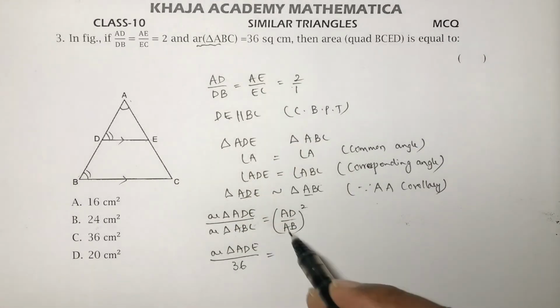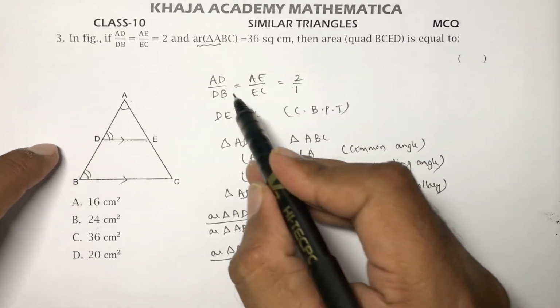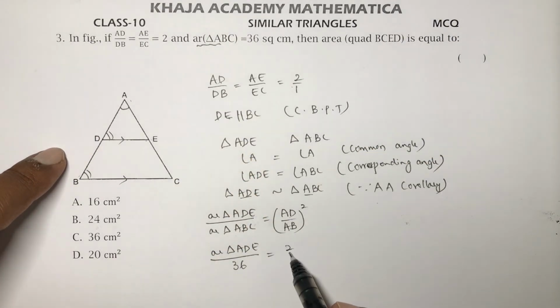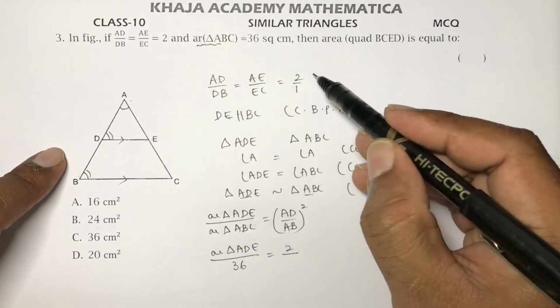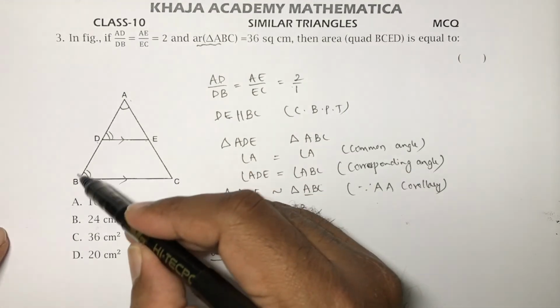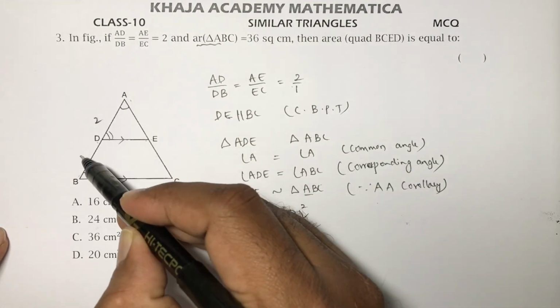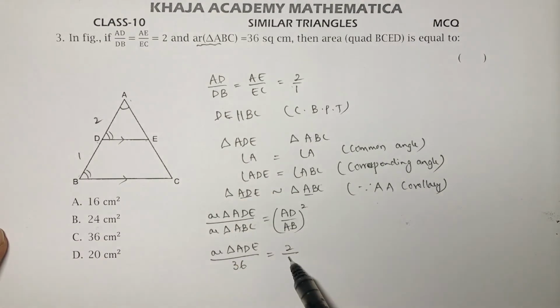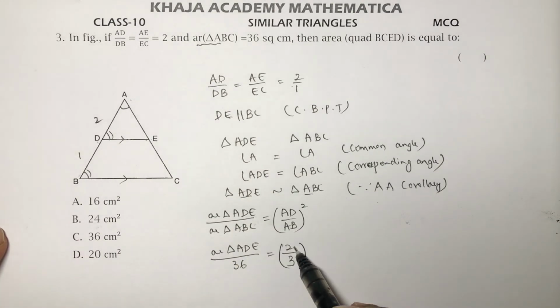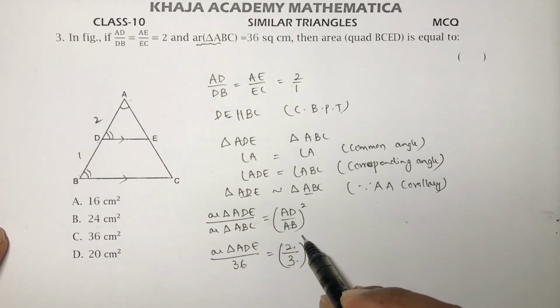AD is 2 and DB, the ratio is 2:1, so I'll take DB as 1. Suppose this is 2 centimeter, this is 1, so total will become 3. So I can use 2 by 3 or 2x by 3x whole square, x anyhow cancels.